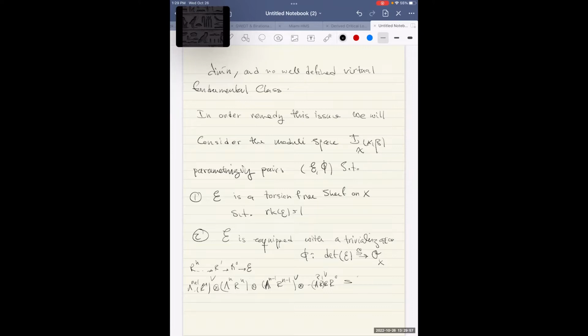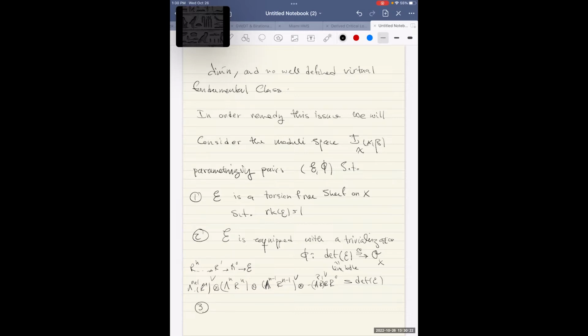And this is the determinant of the sheaf. Okay, it's a line bundle. We would like to consider a moduli space where our sheaves are torsion-free of rank 1, and the determinant, which is a line bundle, is O.